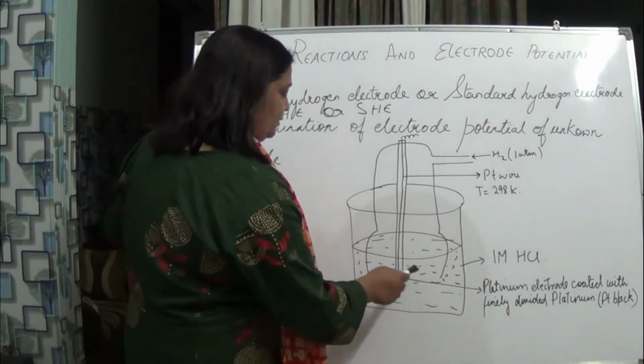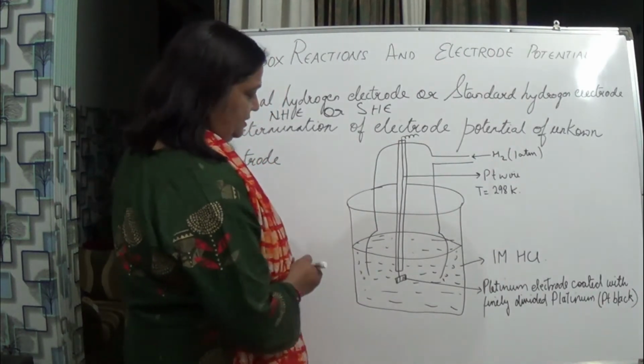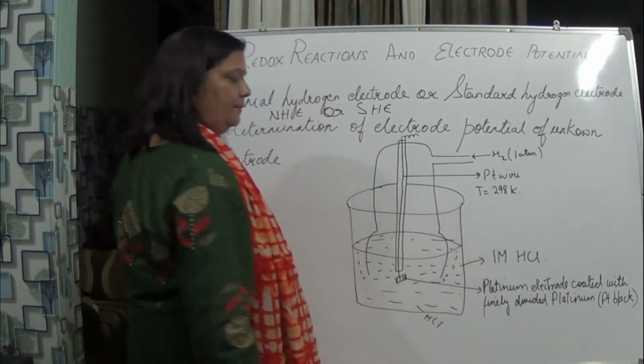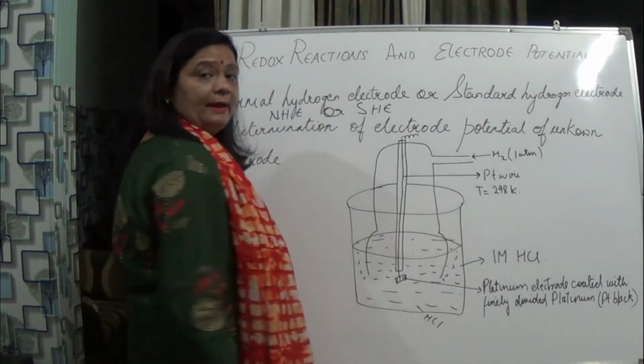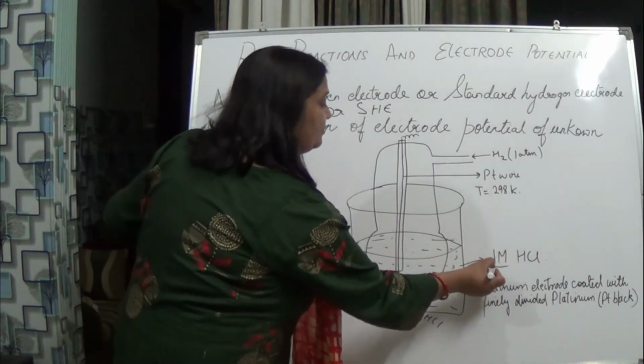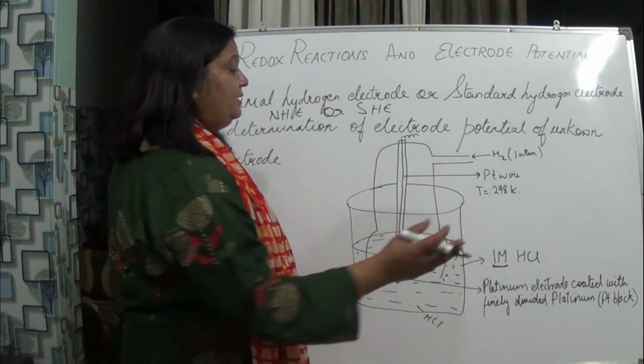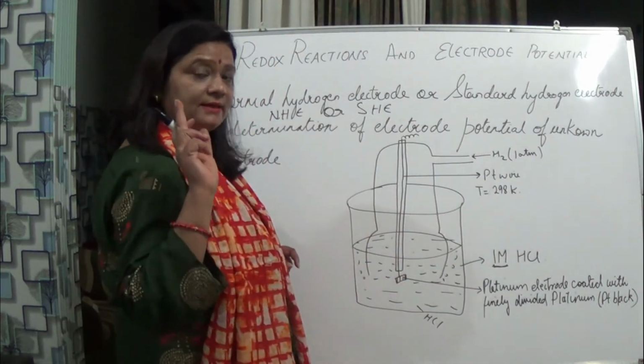And here you can see the solution, a solution of its own ions, that is you can take HCl. It is written 1 M HCl. If I am writing 1 M, it means unity, and it is in standard condition.